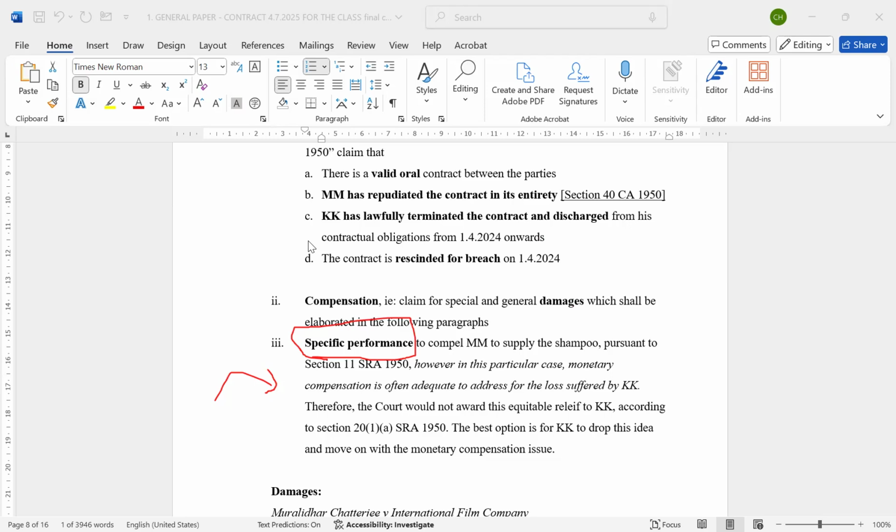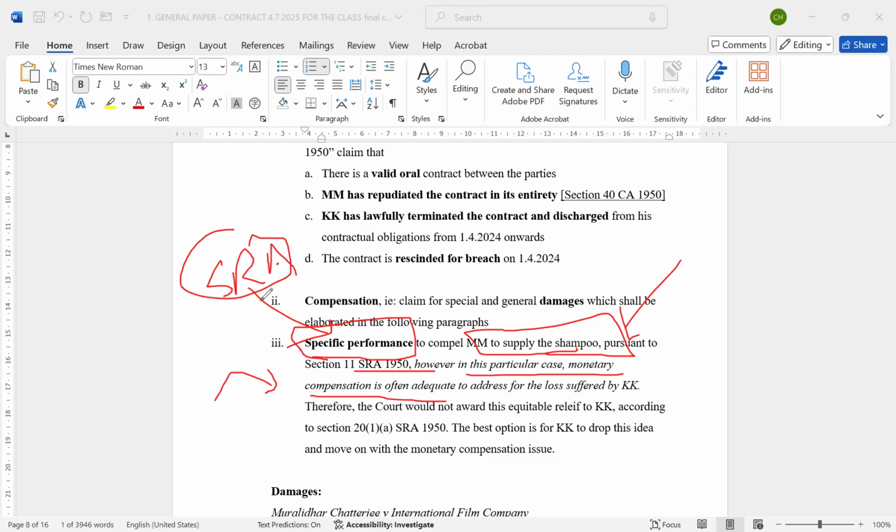Actually, KK could pray for a court order to compel MM to supply the shampoo to him, pursuant to Section 11 of the Specific Relief Act. But in this particular case, you must remember, specific performance, anything coming out of the Specific Relief Act, will be equitable in nature.